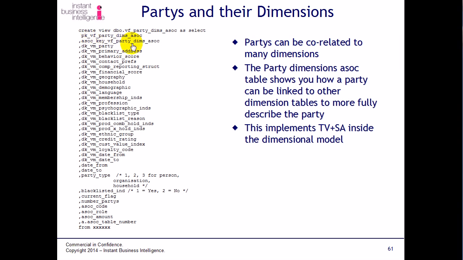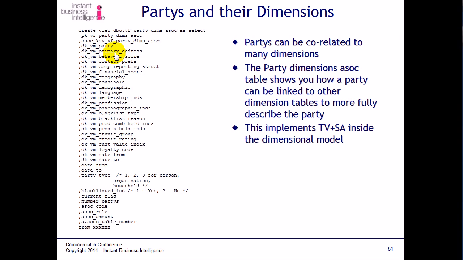We have a key for that, the actual string key, and this is the integer key. We connect the party itself. It's the obvious first thing to connect for parties and their dimensions. The first thing is the party. And then we connect everything about the party that we want to archive. And of course you can add to this.